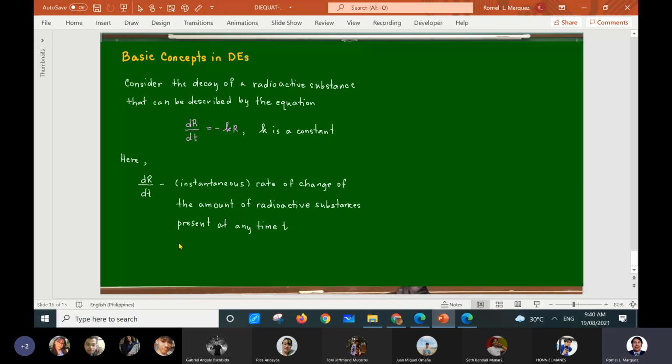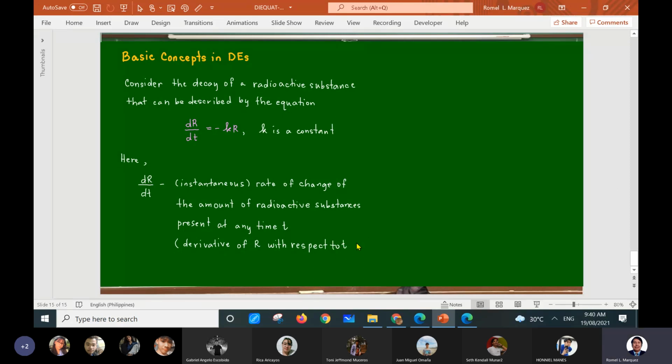Or simply, mathematically, it means the derivative of R with respect to t. Still remember, guys? In your calculus, this means the derivative of R, where R represents the amount of radioactive substance, with respect to t.